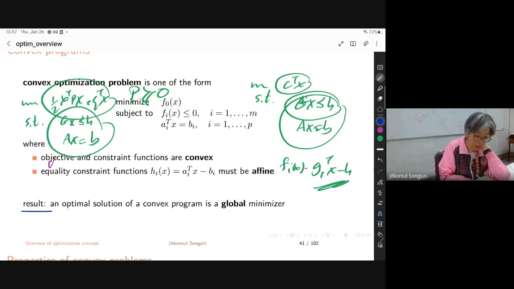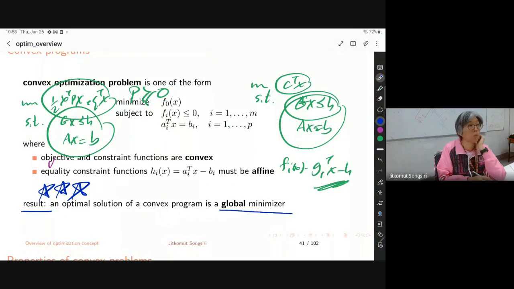We have a result. We're not going to prove it, but it's very, very important. An optimal solution of a convex program is guaranteed to be a global minimizer, not just a local minimizer. So, explain this one. QP? Yes, because the definition of a convex program is that you have to minimize a convex objective subject to a convex constraint set.